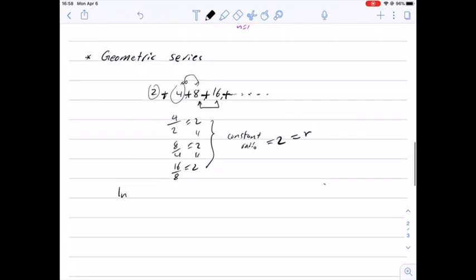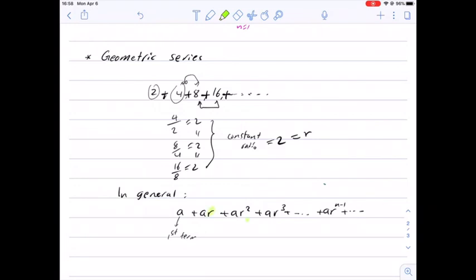Now we can write this in general. We can write this series as a plus ar plus ar squared plus ar cubed plus ar^(n-1) to infinity, where a is the first term, and then we multiply it by r to get the second term.